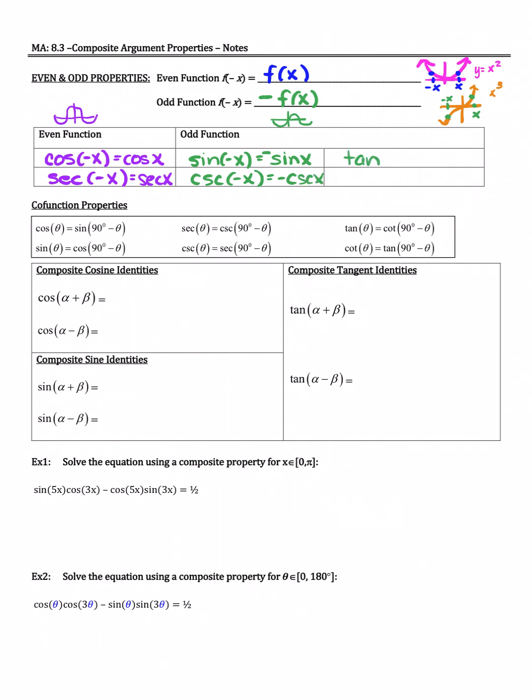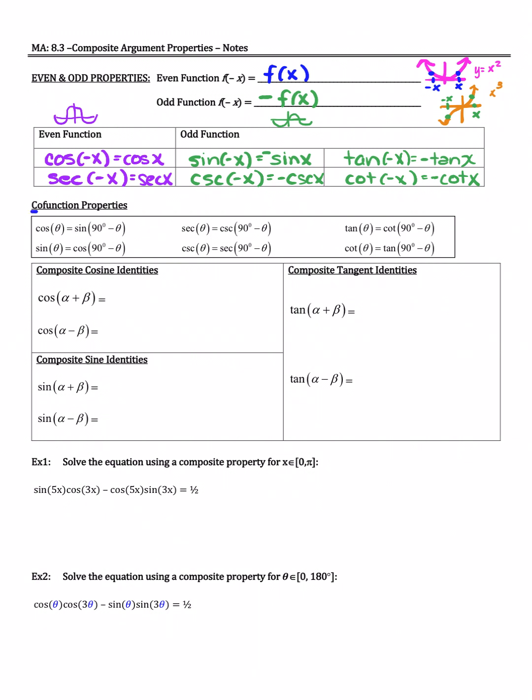Tangent is also an odd function, and so is cotangent. Minus cotangent. And again, these give us substitutions, like if I was doing an identity and I saw sine of negative x, I could replace it with negative sine x. So that's where we can also utilize those properties.